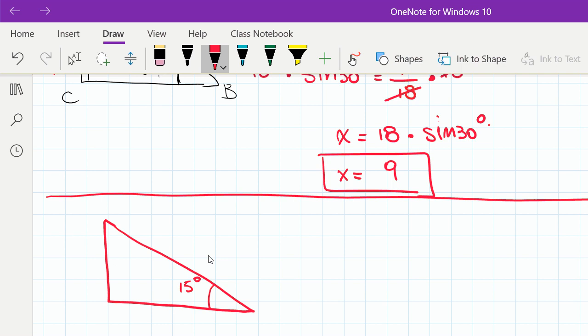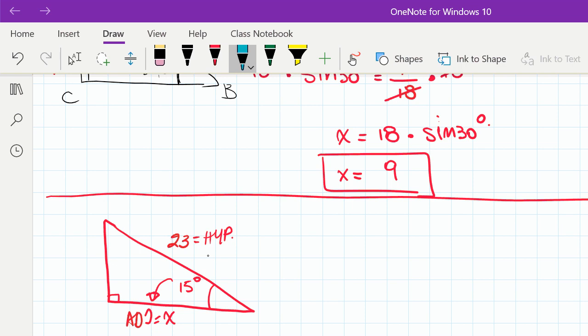And what we know is that the hypotenuse is 23, and the side that we are looking for is this one here in the horizontal direction. So now, in relation to the given angle, x is adjacent, and 23 is hypotenuse.